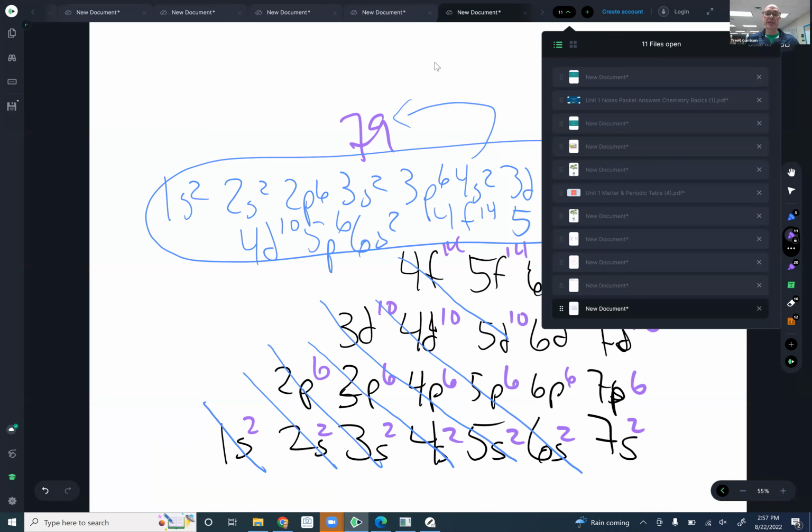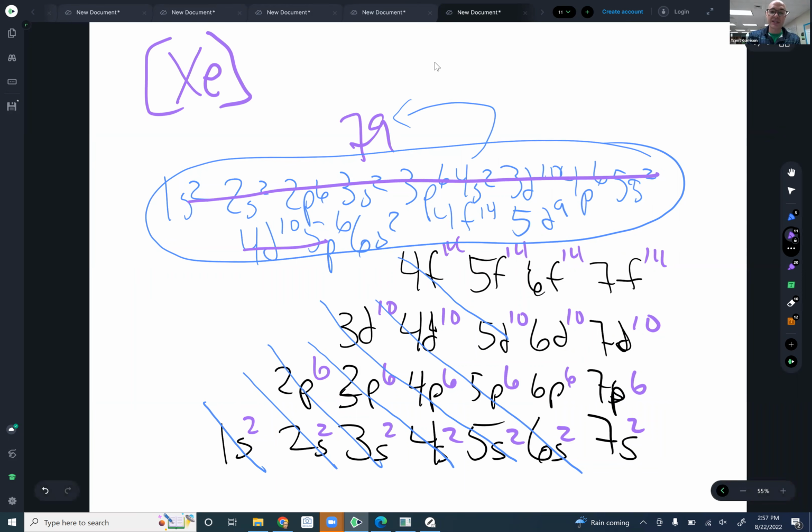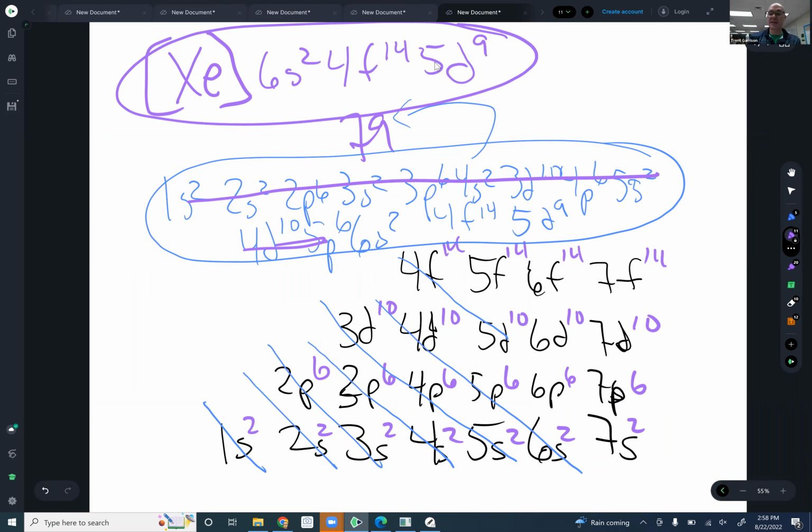So what I can put is xenon, and that one ends at 5p6. So all of this gets cut off, and then I would just add in my 6s2, 4f14, 5d9. That sums everything up.